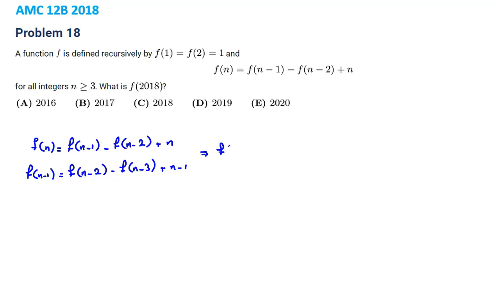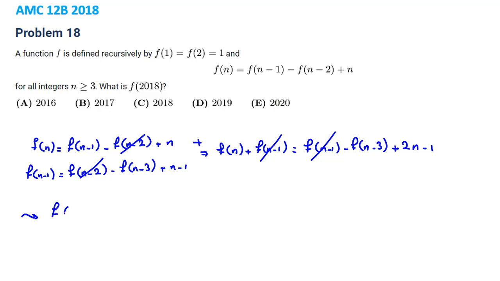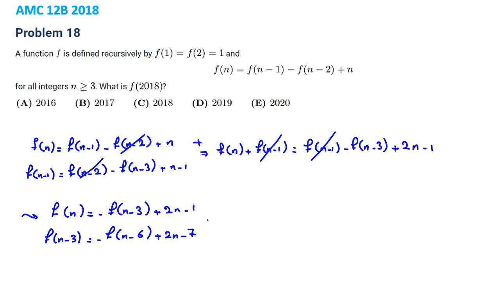So if you add, f of n plus f of n minus 1 equals this part, which will be cancelled, f of n minus 1 minus f of n minus 3 plus 2n minus 1. Now you can cancel these two things. And then you will see f of n equals negative f of n minus 3 plus 2n minus 1. Also, we can say f of n minus 3, if we use the same formula, is minus f of n minus 6 plus 2n minus 6 minus 1, minus 7. So if you replace it here, it will be negative of that.